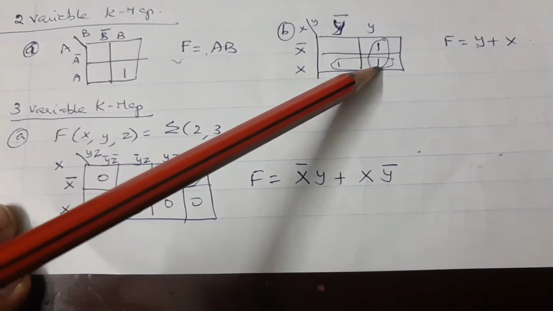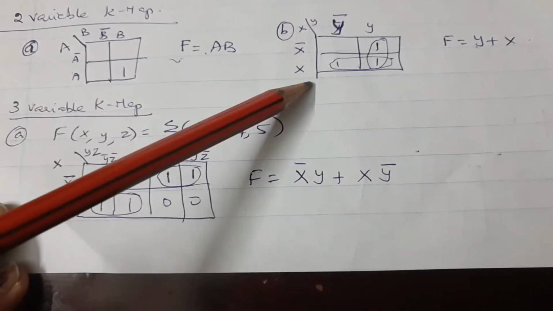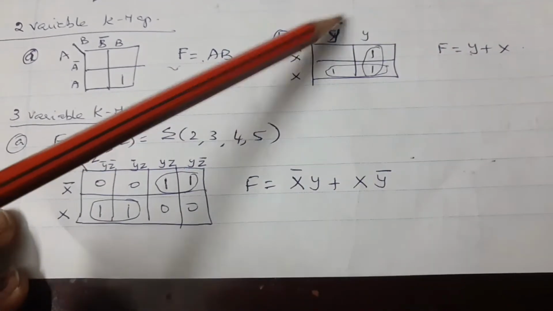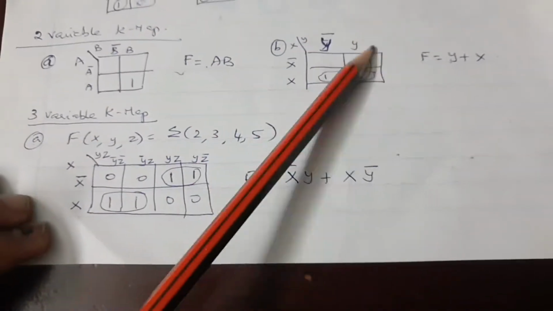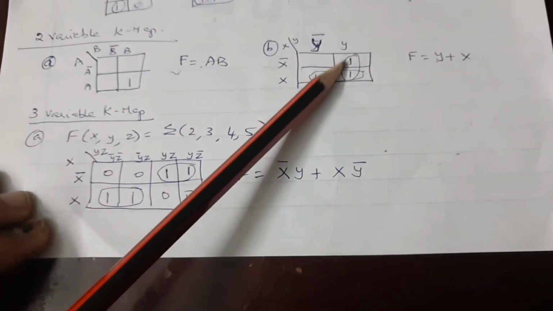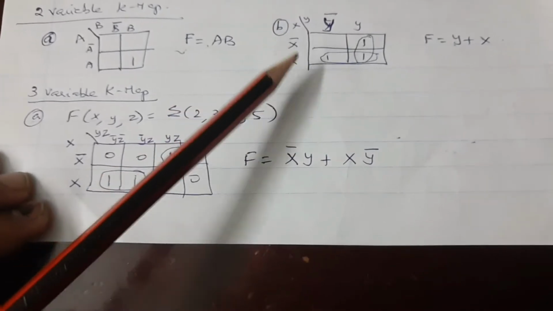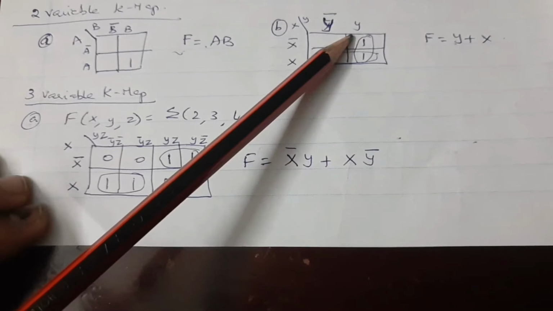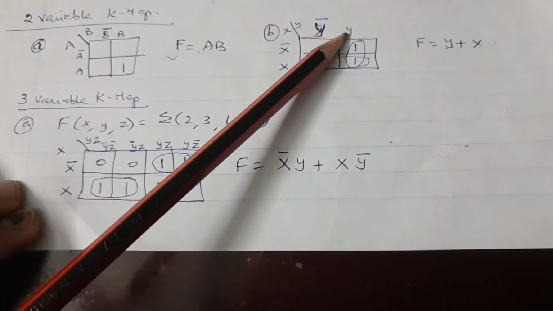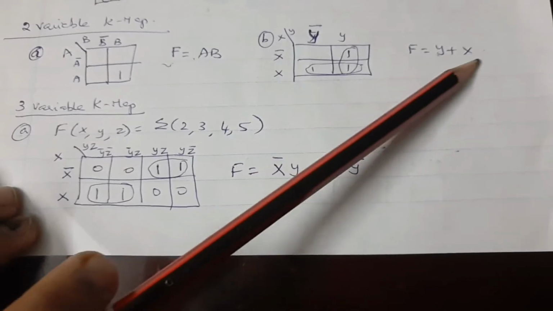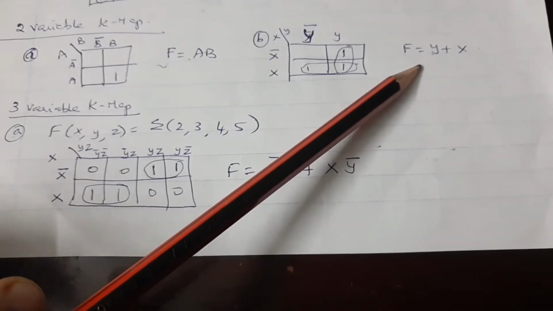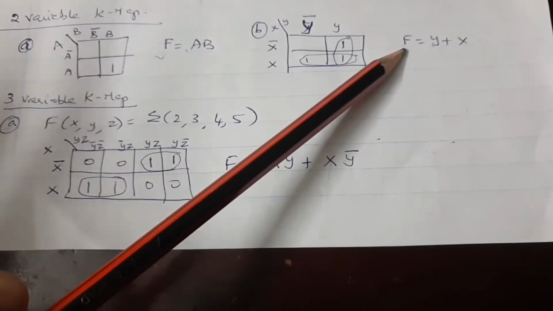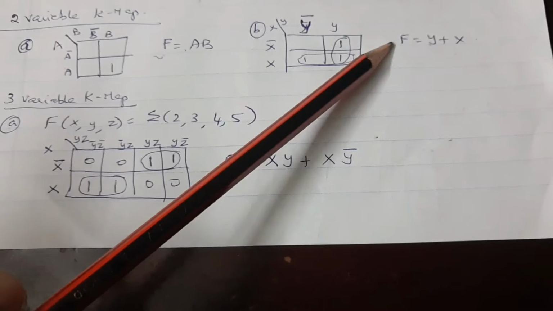When I combine these two ones, only the row is unchanged, so I'm going to write it only as x because the column variable is changing. Similarly, when I combine these two, the rows are changing, so I cannot write that value. Only the column is remaining as y. Therefore, the unchanged one, y, is written. Therefore, the equation is x plus y. This is one easiest method to simplify your Boolean expressions with the available logical Boolean minterms.